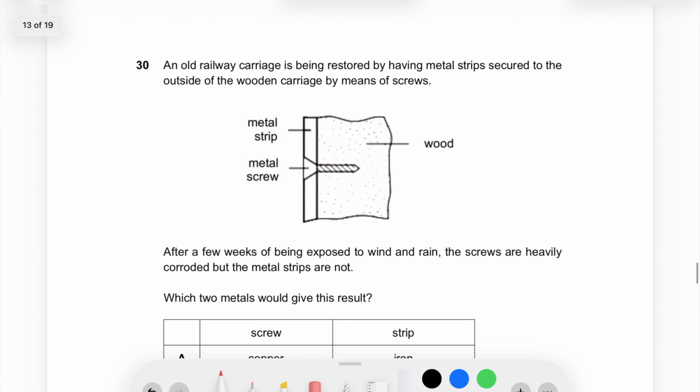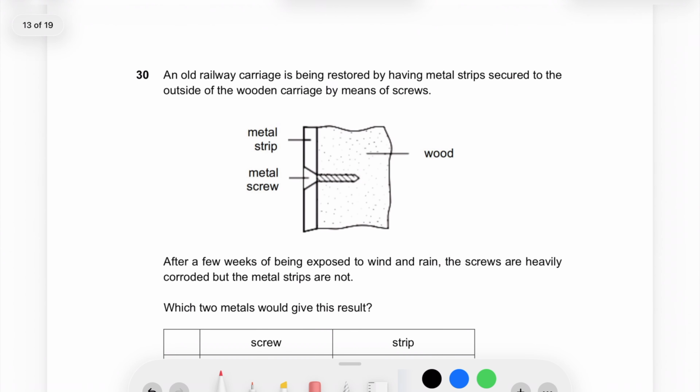Moving on, question 30. A carriage is being restored by having metal strips secured to the outside. After a few weeks exposed to wind and rain, the screws are heavily corroded, but the metal strips are not. So only the screws are being corroded.